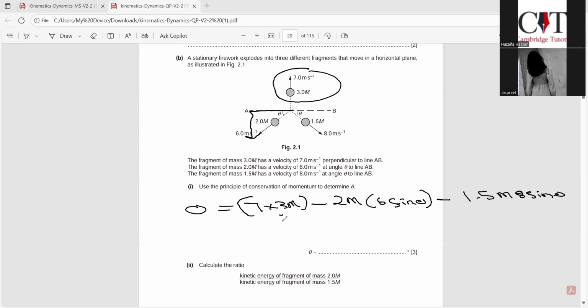So first of all, I will just take common m and simplify it.